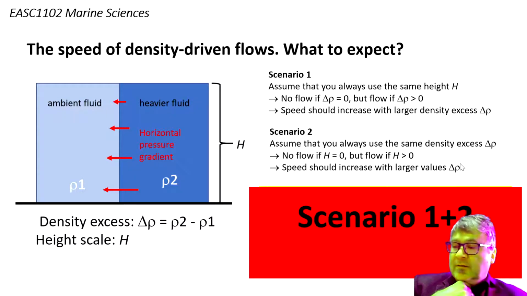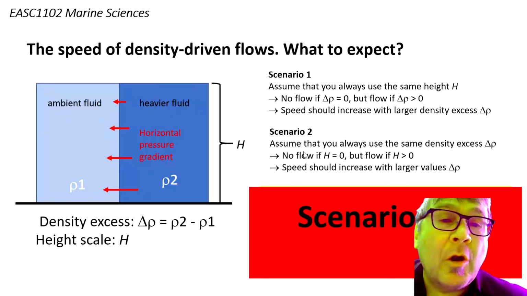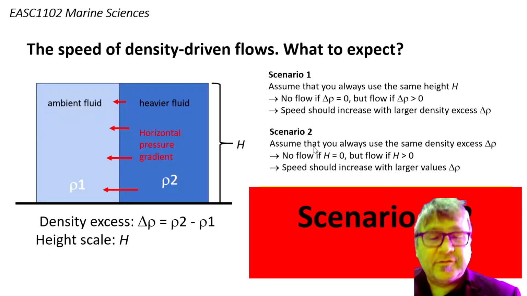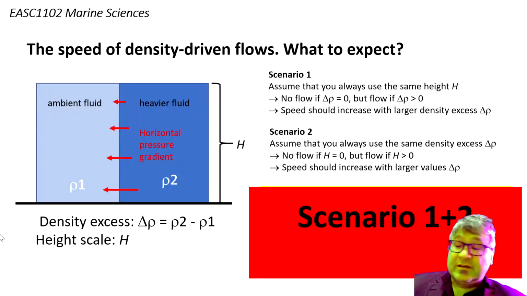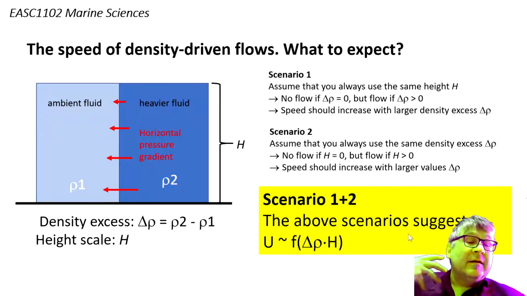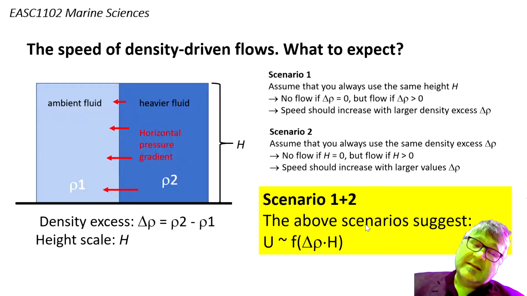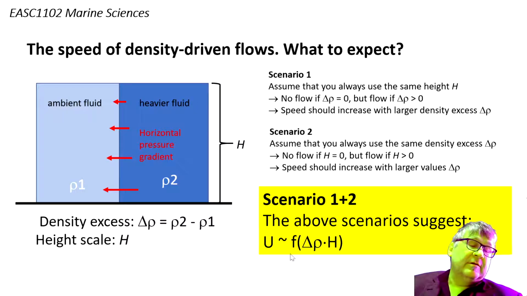There's a typo here. I changed the state. However, what you do now at the end is you combine both scenarios. It is reasonable to combine these two scenarios such that the speed should be proportional to the product of the density excess and the height.